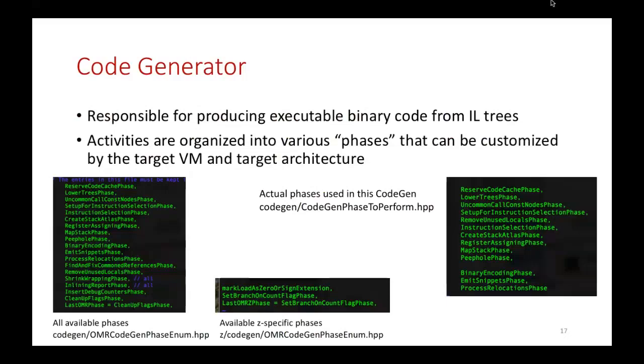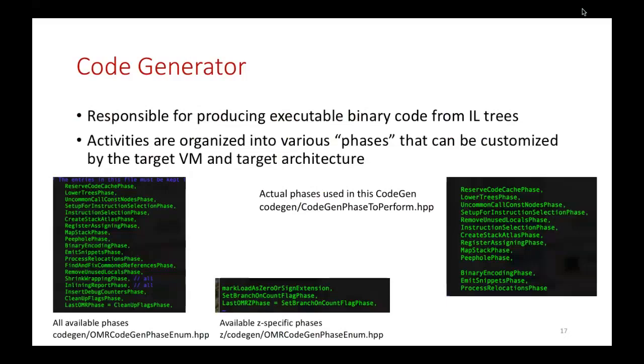In the middle column, I've got an example of how a particular architecture can provide its own phases that make sense to that architecture. And on the far right is an example of a package of phases that a particular runtime could use. In fact, this particular package is the default one that an OMR code generator would use unless it was overridden by a project downstream.